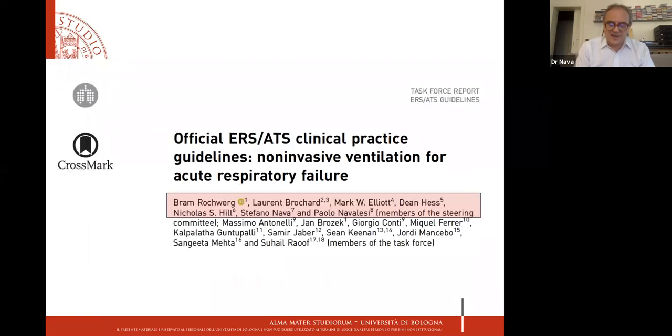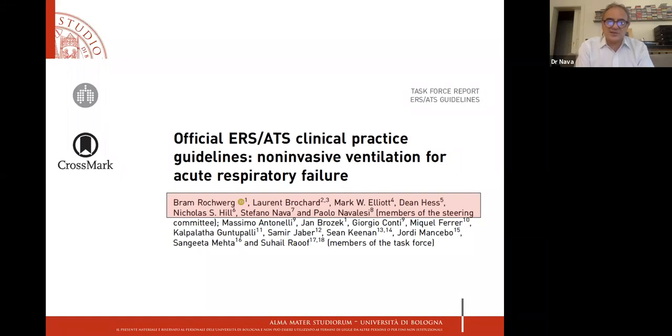Well, how was the task force conducted? That was a quite long process. We put together a group of people, so-called experts, if you trust the word expert, in the field. Members of the steering committee were those highlighted in red.